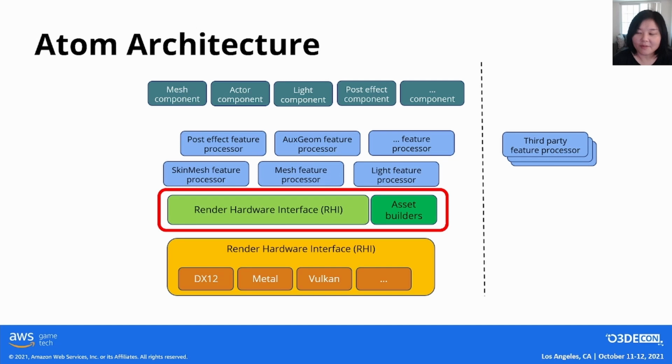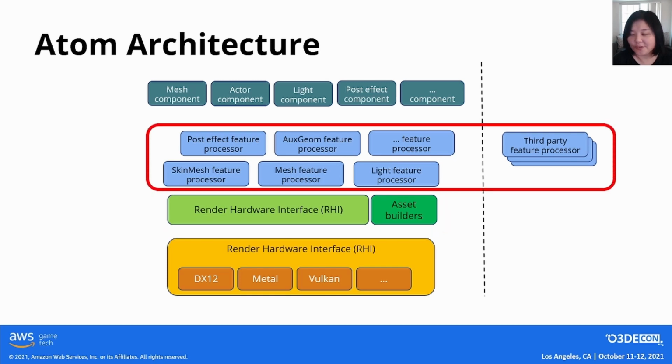The render pipeline interface is built on top of RHI. We also have some asset builders which build basic assets for RPI to use at runtime. The graphics features are built on top of RPI. For each of these modules here, we call it a feature processor.